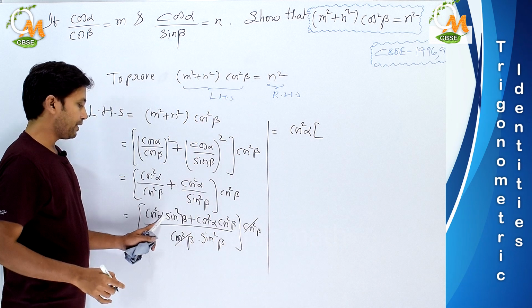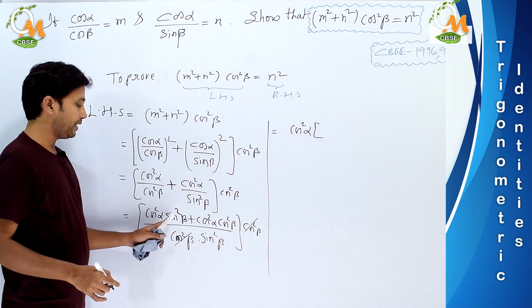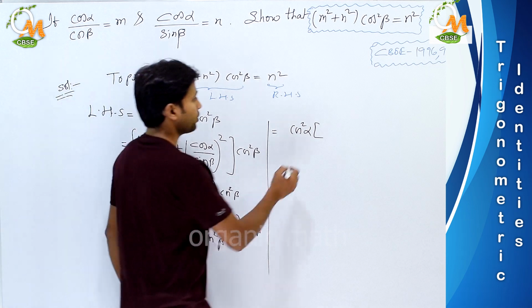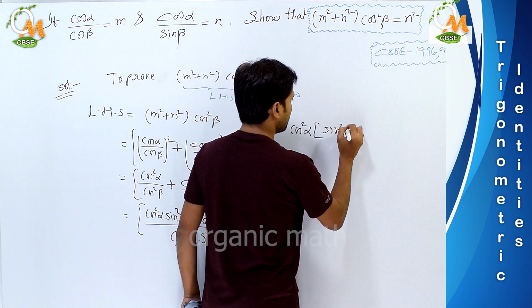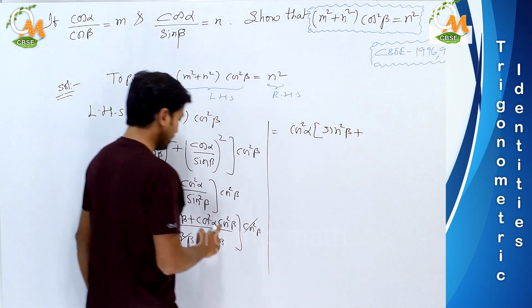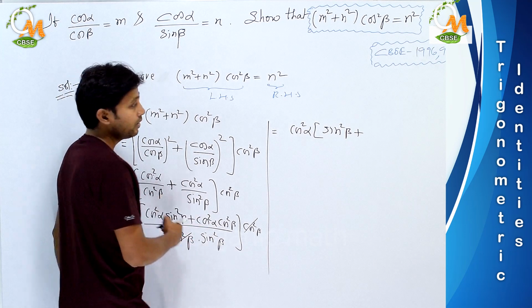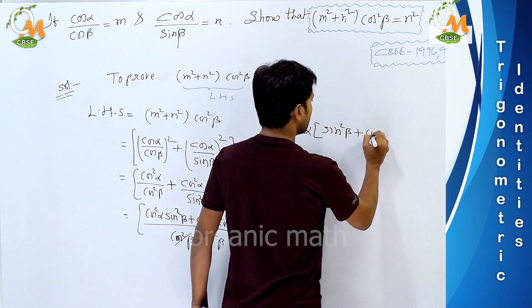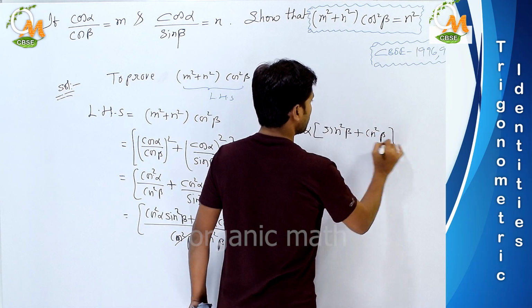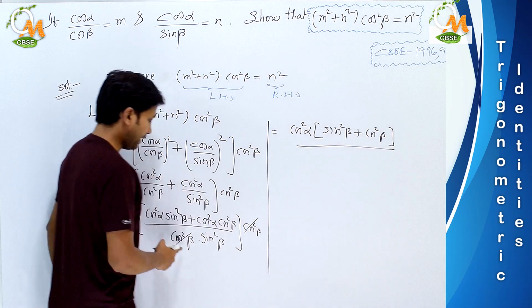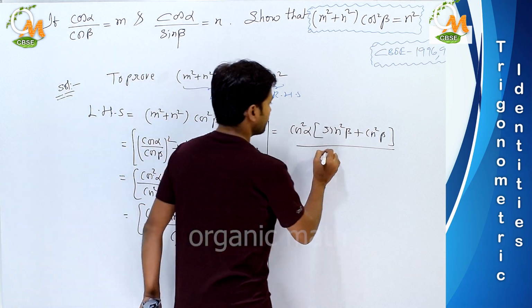Then sin square beta will be left, plus cos square beta will be left, upon sin square beta in the denominator.